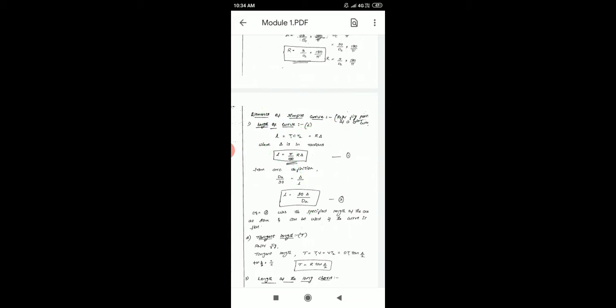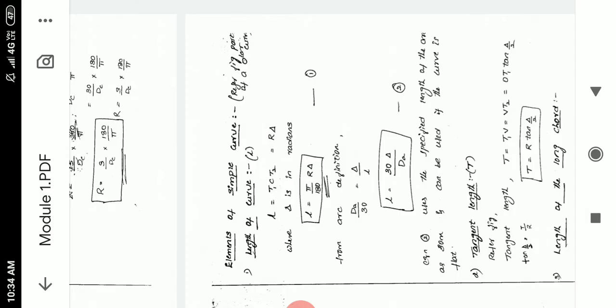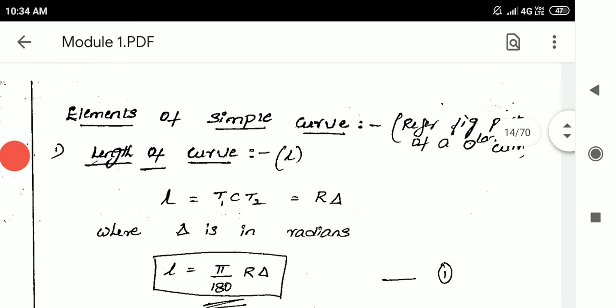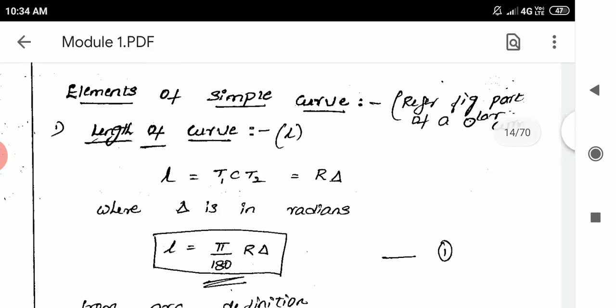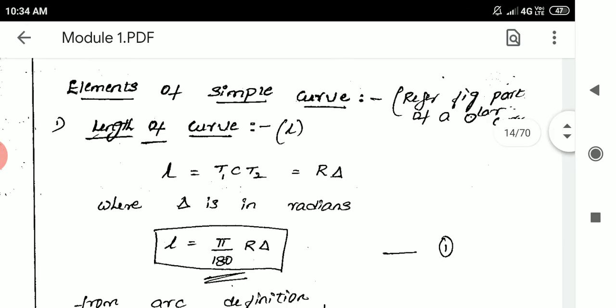Please remember this figure, then only the length of curve, tangent length and length of chord will be clear to you. See here, for the length of curve, I already showed you the simple curves diagram. Here the length of curve is T1 C T2.